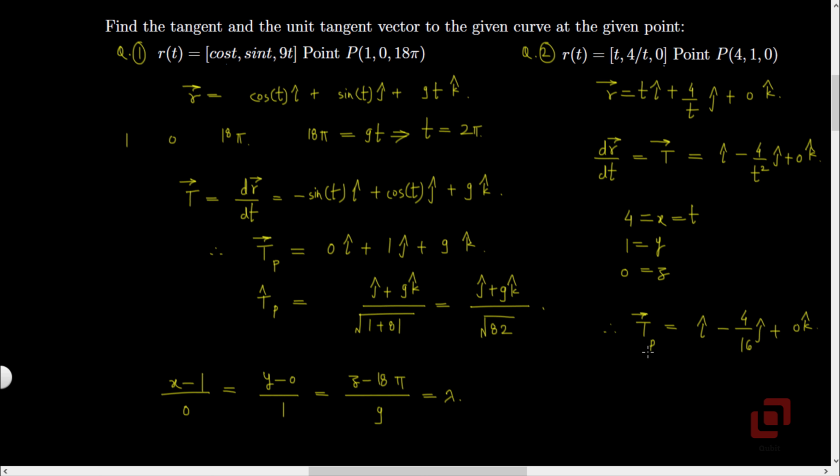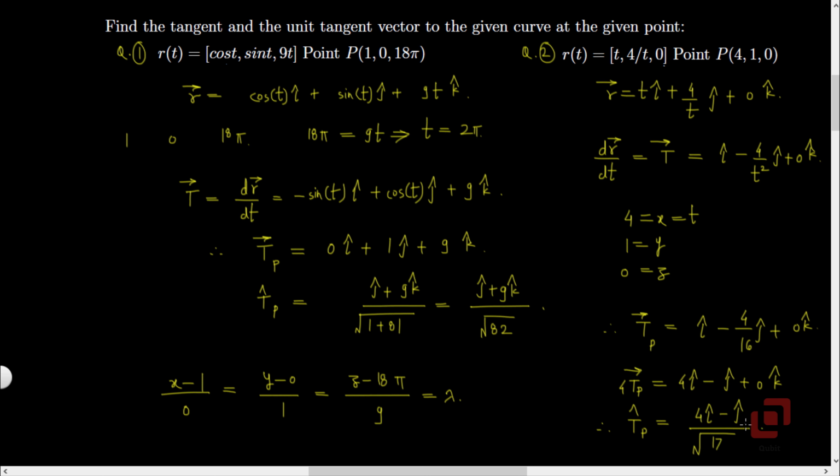Recall that multiplying any vector by a non-zero scalar does not change its direction. So we will multiply this vector by 4, which will give us 4 tp bar as 4i cap minus 1 j cap plus 0 k cap. Therefore, the unit vector tp cap would be 4i minus j upon root of 16 plus 1 or 17.